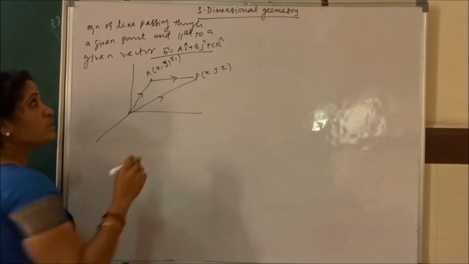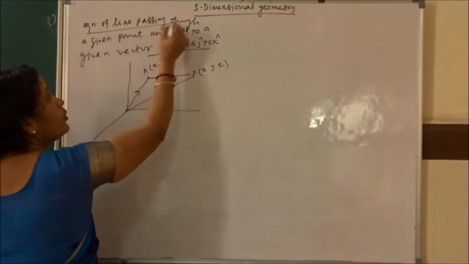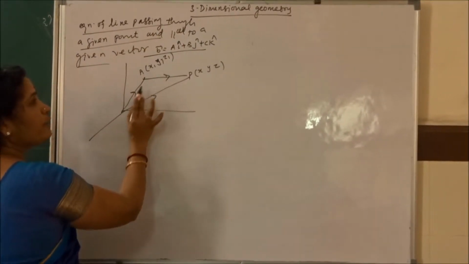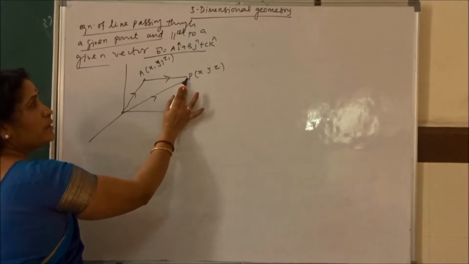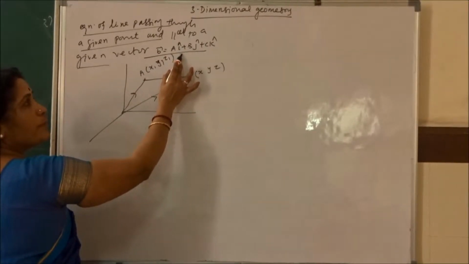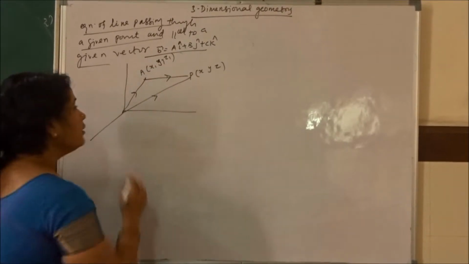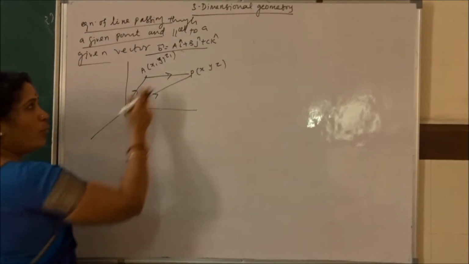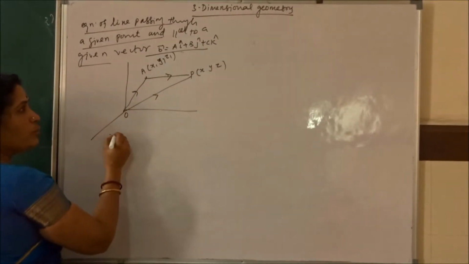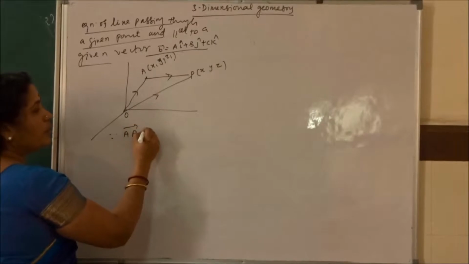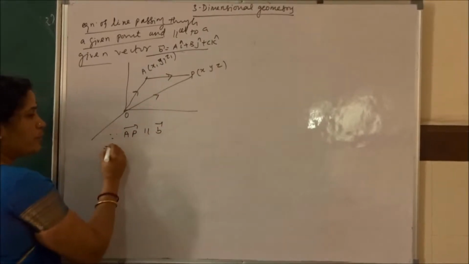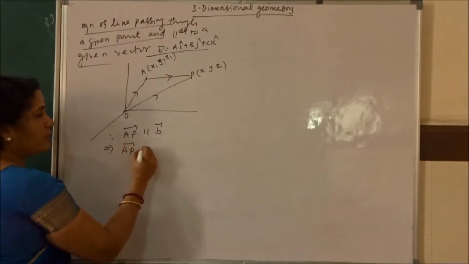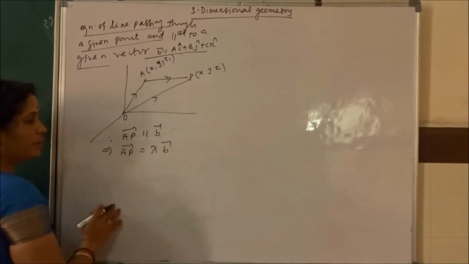So now what is the question, what is the formula? Find the equation of line which is parallel to a given vector b vector. Clear? Now this is O. Now as per this diagram, you know AP vector is parallel to B vector. Now this implies I can write AP vector equal to lambda into B vector. Am I correct?